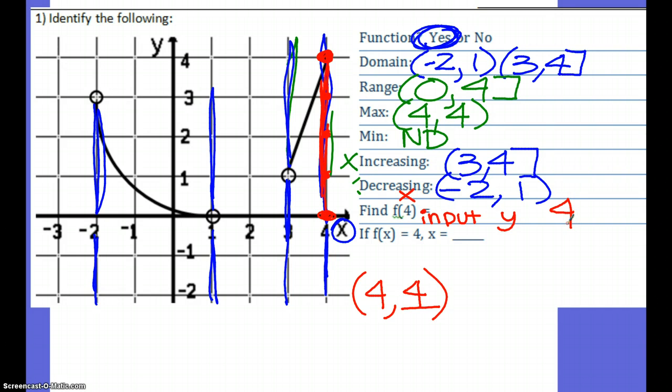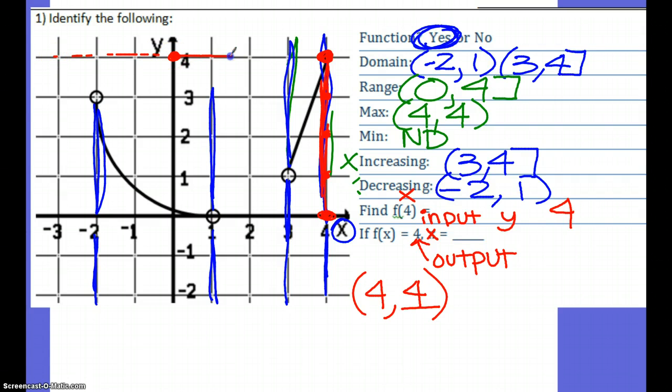If the f of x equals 4, this 4 represents the output, or y. And we are trying to find x. So we go to 4 on the y-axis. We want x. X's go side to side. And notice here, there's no points over on the left. So don't go that way.